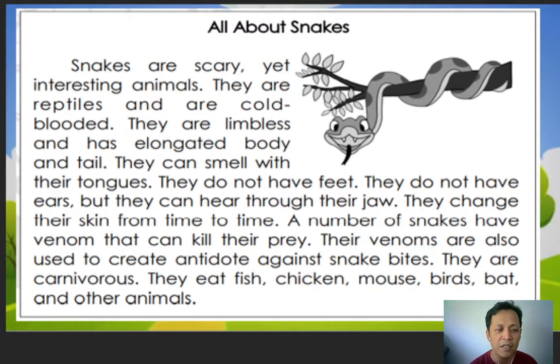They do not have ears, but they can hear through their jaw. A number of snakes have venom that can kill their prey. Their venoms are also used to create antidote against snake bites. They are carnivorous. They eat fish, chicken, mouse, birds, bat, and other animals.